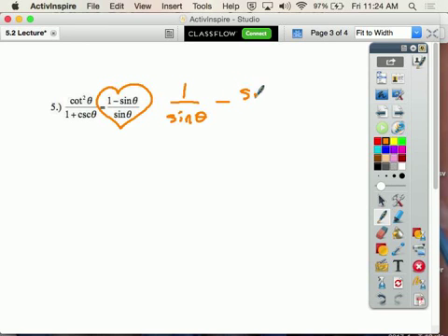Minus the sine of theta over the sine of theta. And if I do this, I then end up with the cosecant of theta minus 1.